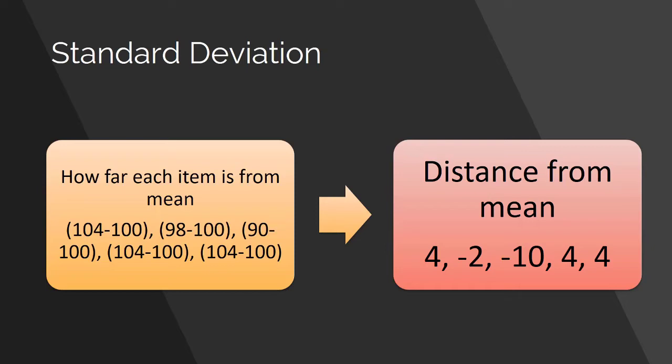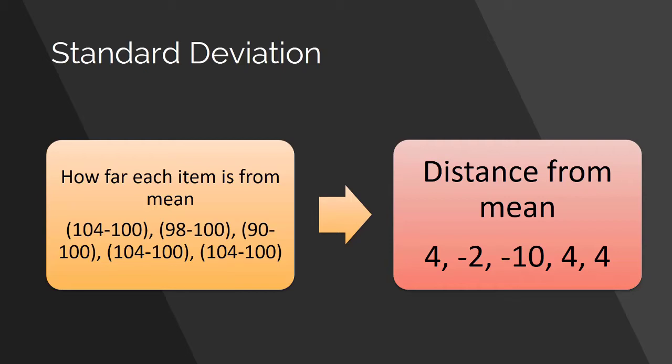Whatever numbers you have, if you take the mean and find out the distance from the mean, then the average of that will be 0. So here, if you take the average of 4, minus 2, minus 10, 4 and 4, that will be 12 in plus and 12 in minus. The average will be 0. This will always be 0. So that's something we cannot do. We cannot take the mean of that.